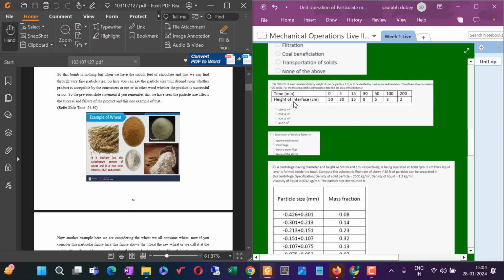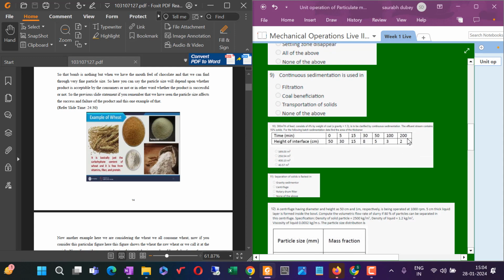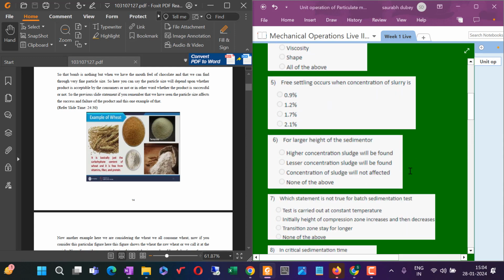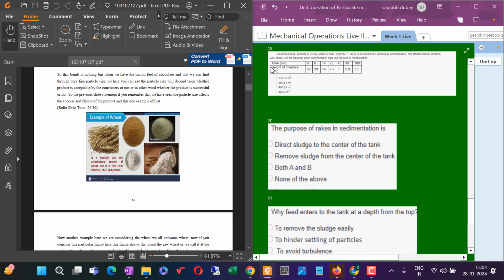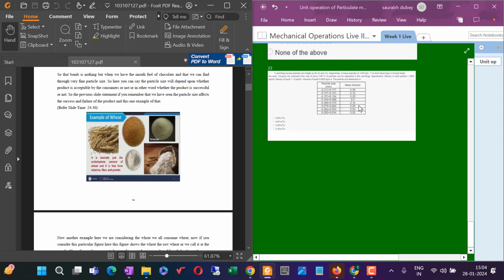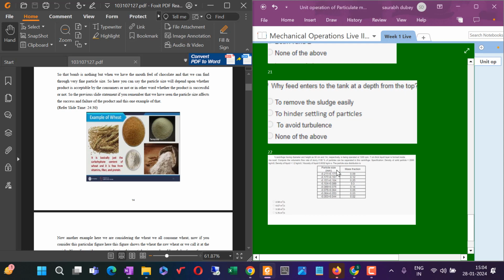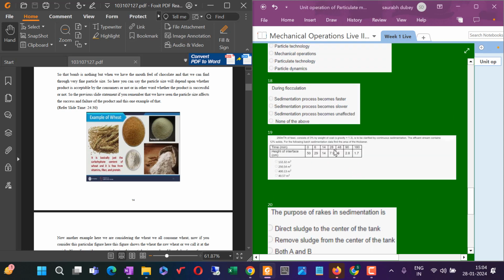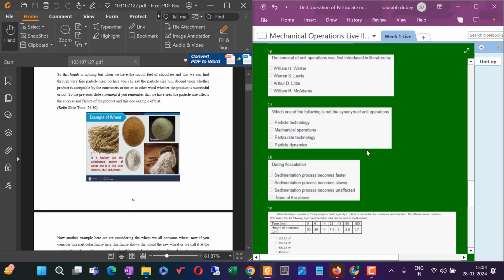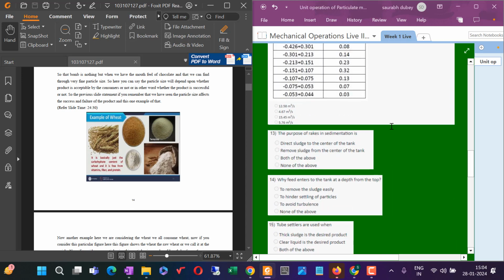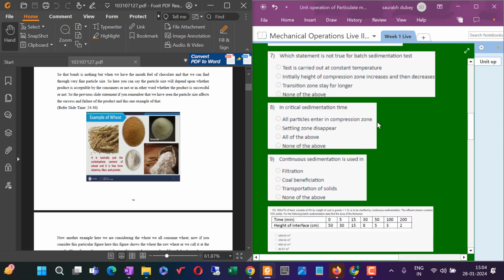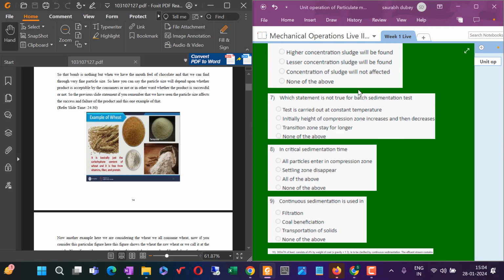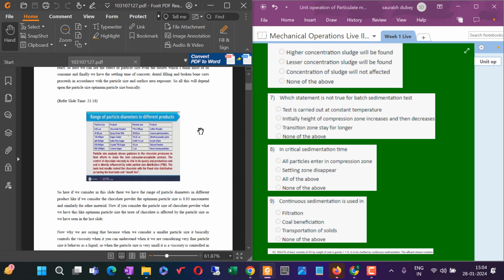Question number 12, question number 10, these are the numerical problems involving the concepts that have been taught in the class. And then further we are having two more questions, 19 and 22. These are based on the centrifuge sedimentation and again the batch sedimentation. So both will be covered, and some small questions which will be like recall for whatever content you were taught in the entire week.